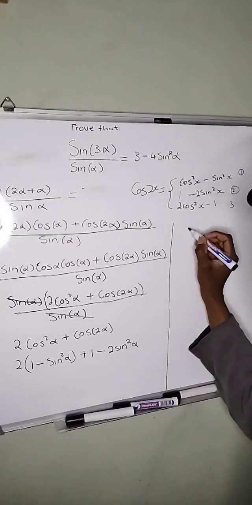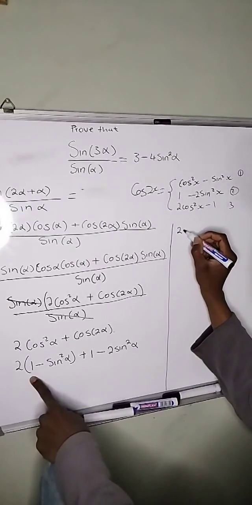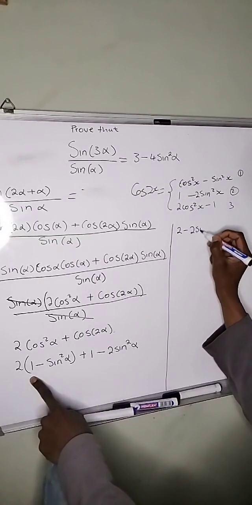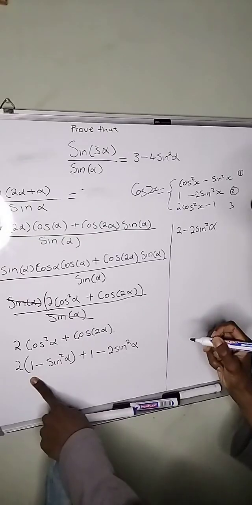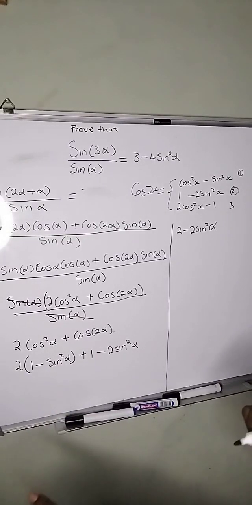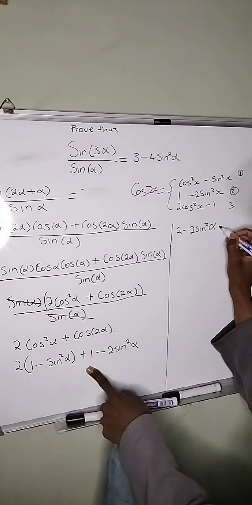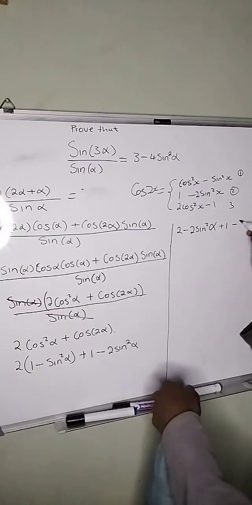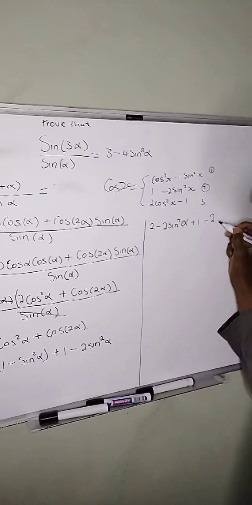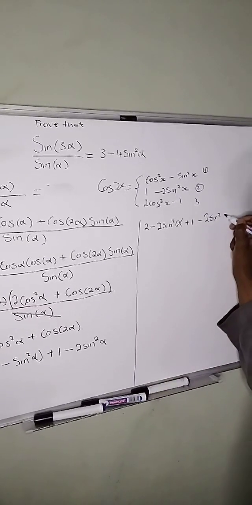This one is going to be 2 minus 2 sine squared, and also this guy plus 1 minus 2 sine squared.